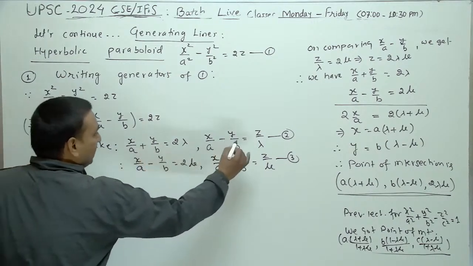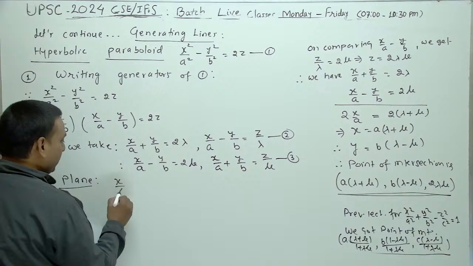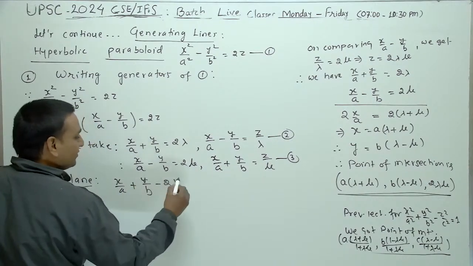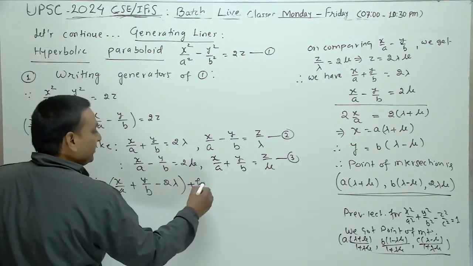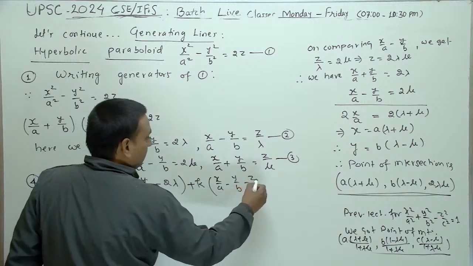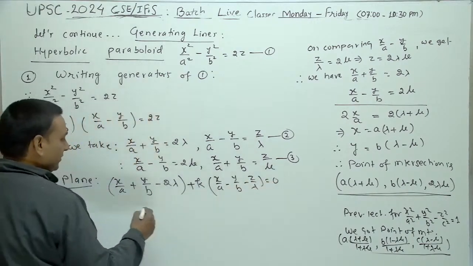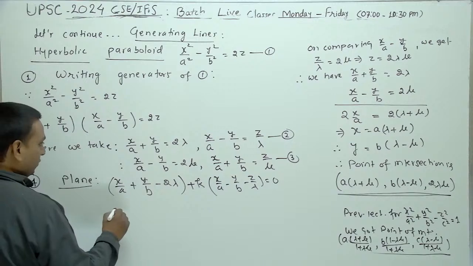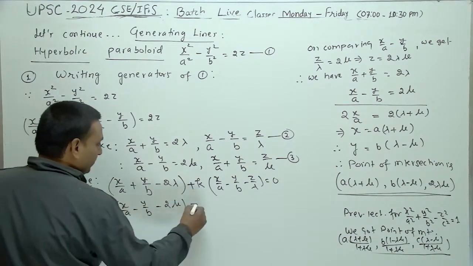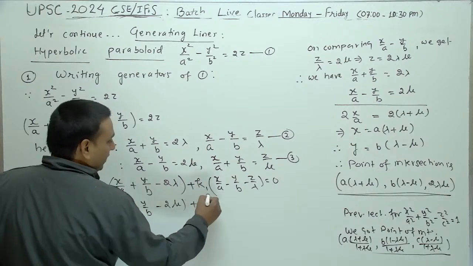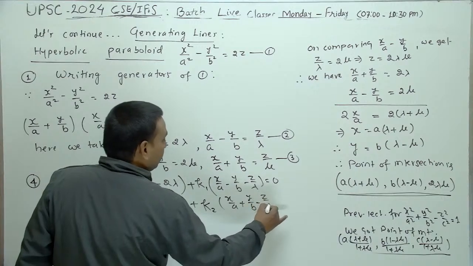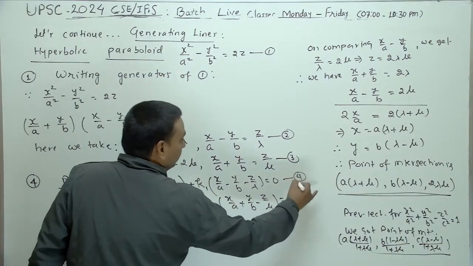We got S1 plus k times S2 equals 0, continuing from the previous lecture. The other plane is x upon a minus y upon b minus 2 mu plus k1 k2, whatever it is, and x upon a plus y upon b minus z upon mu equals 0.